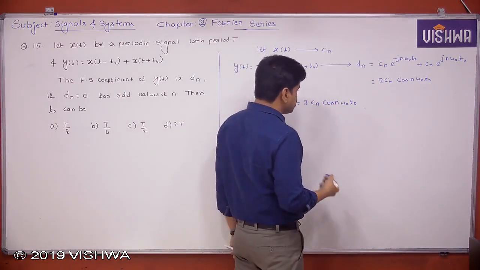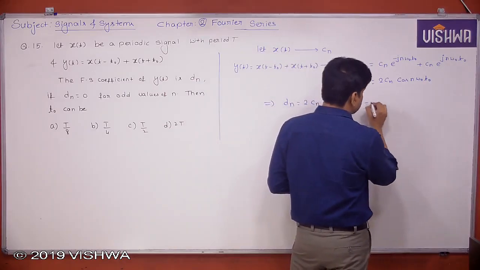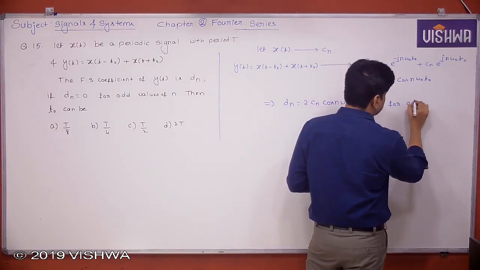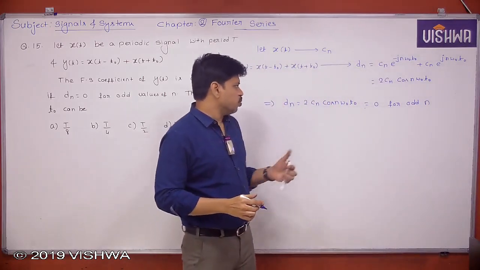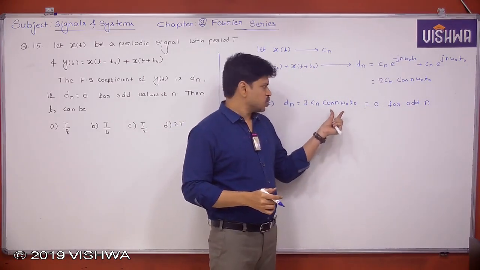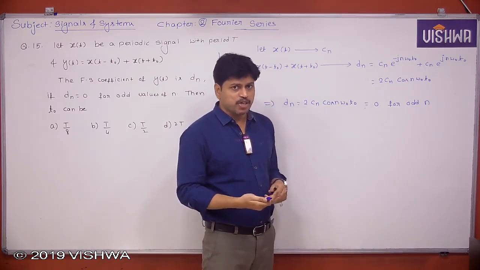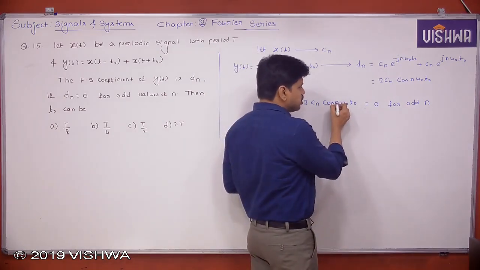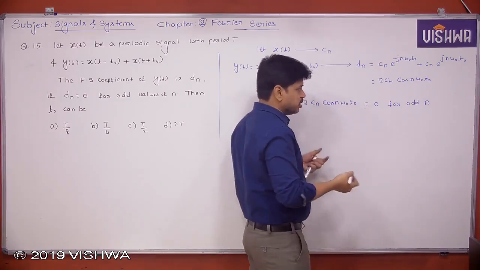And this is going to be 0 for odd values of n, that's what the question said. Cn cannot be 0, only this cos term will be 0. When is the cos term 0? If it is an odd multiple of pi by 2. Already n is odd, so omega naught t naught must be pi by 2.